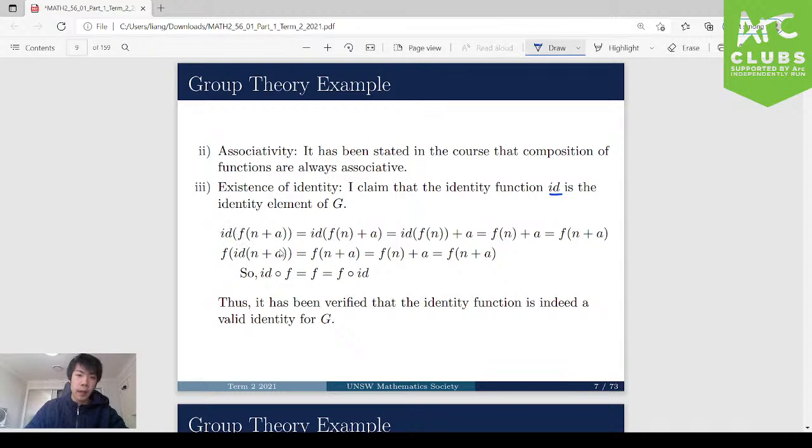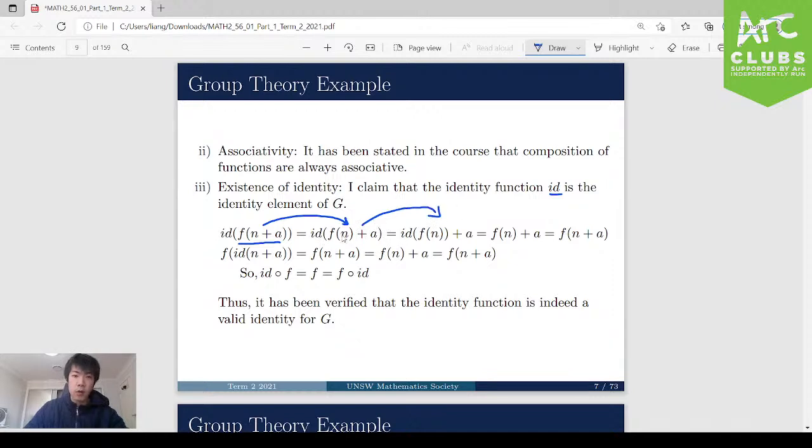So for id composed with f of n plus a, again, we apply the property of the group G to get to here. The f of n plus a brings you to f of n plus f of a separately. And then we still have the id at the front. But since id is just the identity map, we get mapped to this firstly.